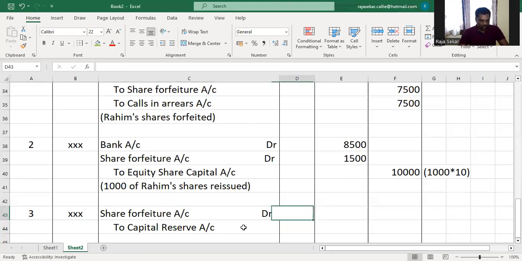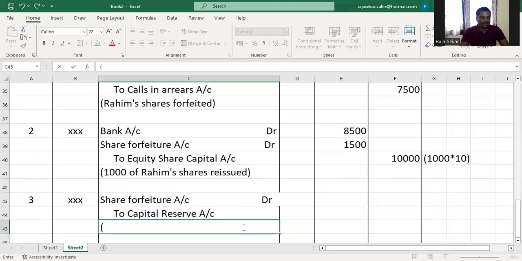The amount that has to be transferred to capital reserve is the profit on reissue. Profit on reissue transfer to capital reserve.